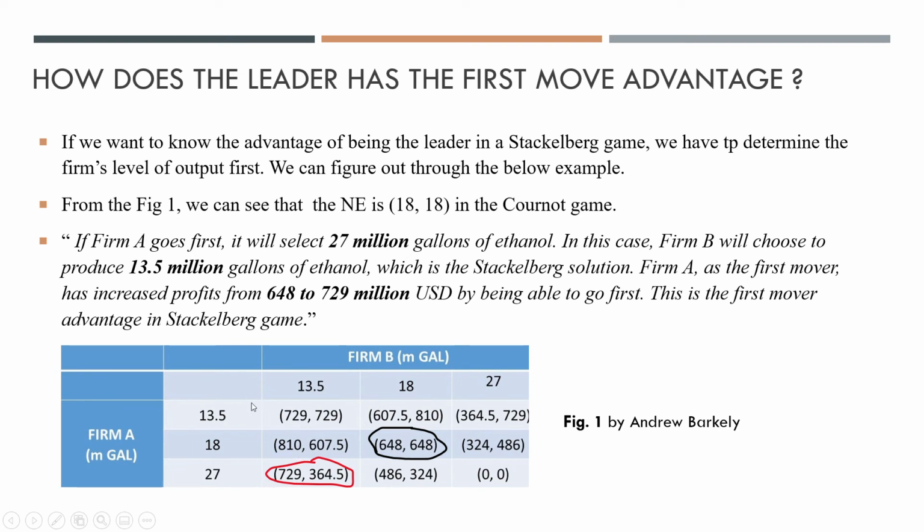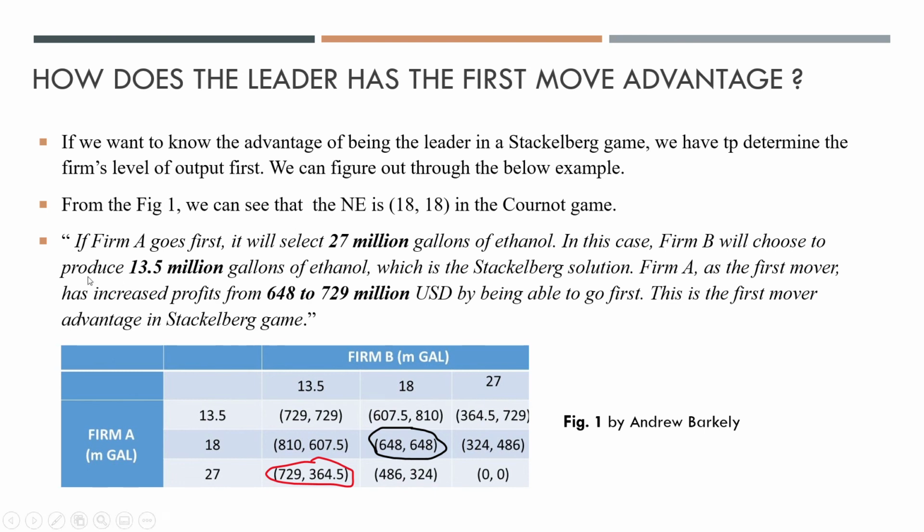So compare all these lines. Firm A will definitely choose to produce 27, and firm B will choose to produce 13.5, because firm B can only move according to firm A's decision.